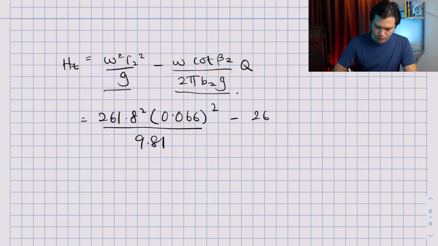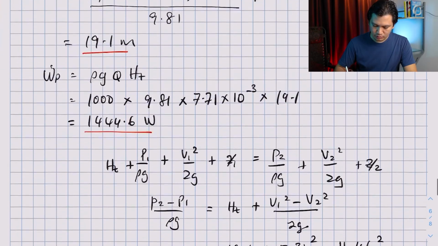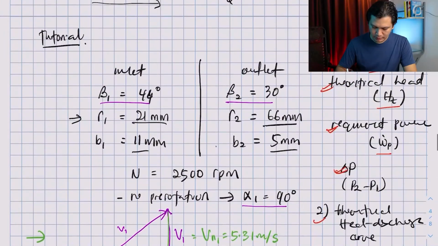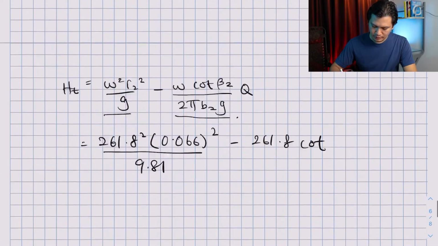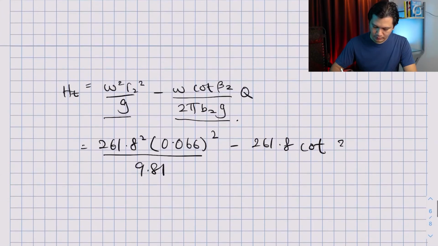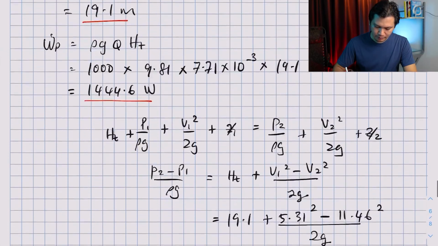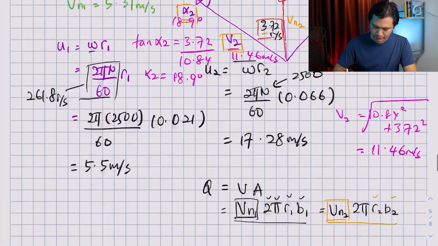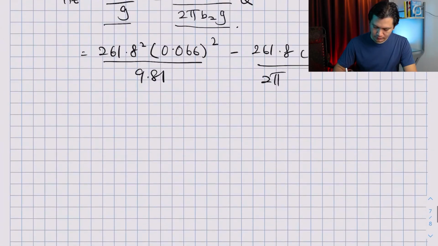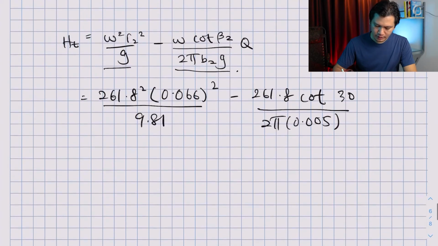omega, which is 261.8, cotangent beta 2, which is 30 degrees, divided by 2 pi b2, where b2 is 5 millimeter, 0.005, times g, 9.81.